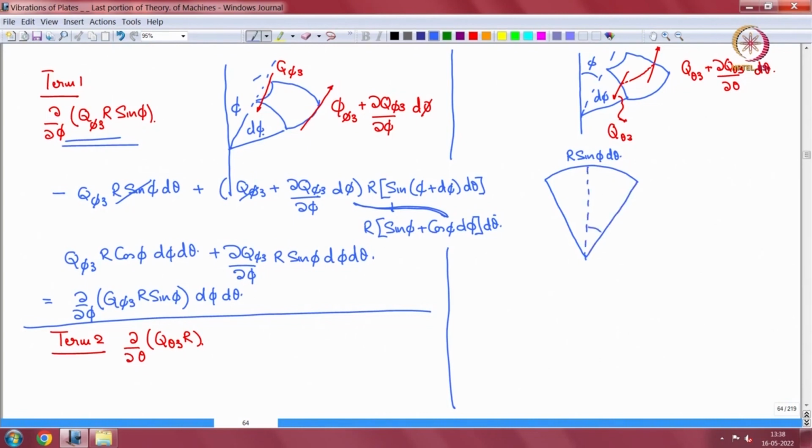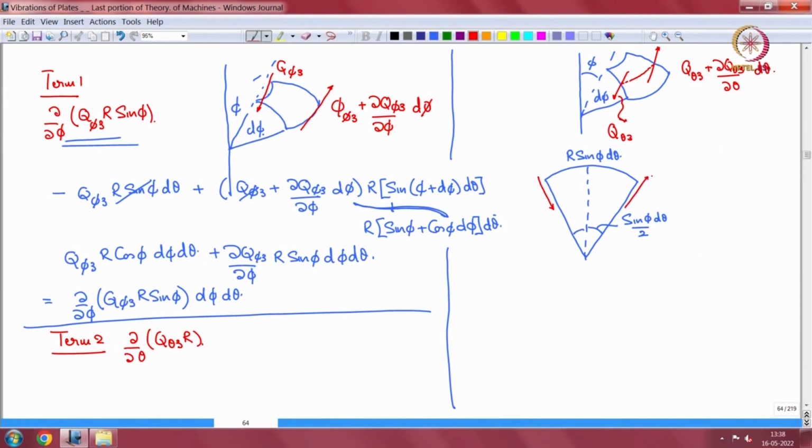This angle is sine phi d theta by 2, and so is this angle, and my q theta 3 on this side is going downwards, on this side goes upwards.